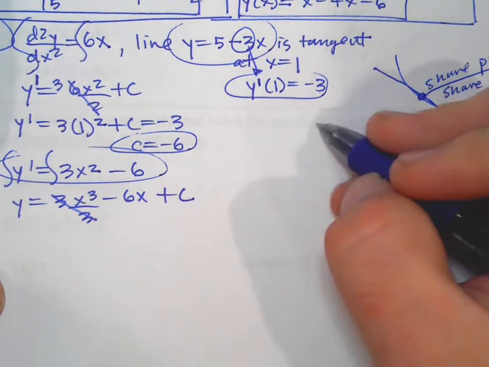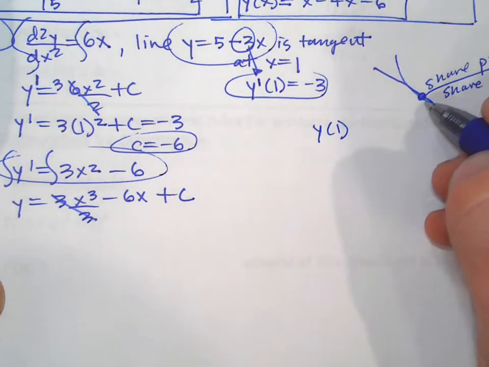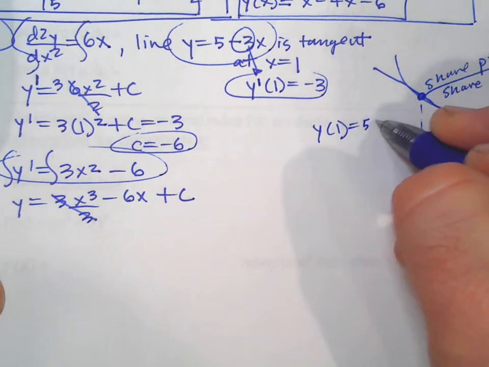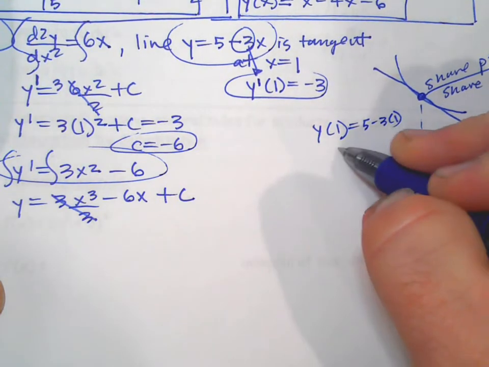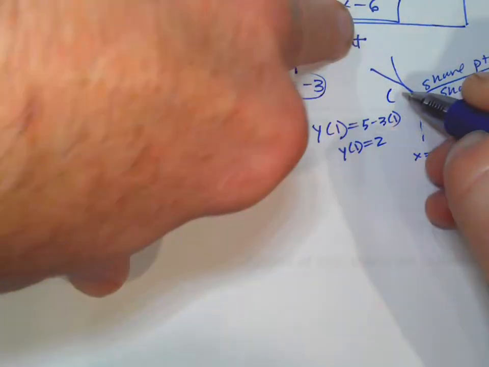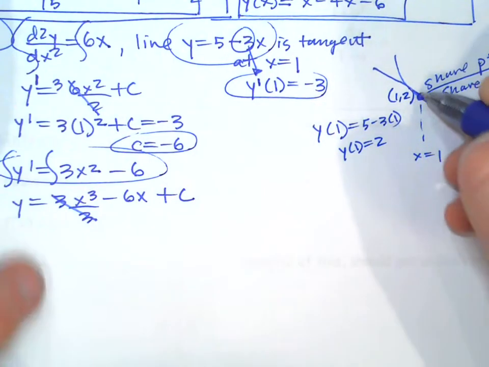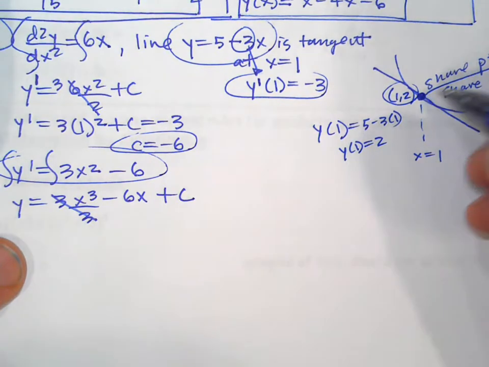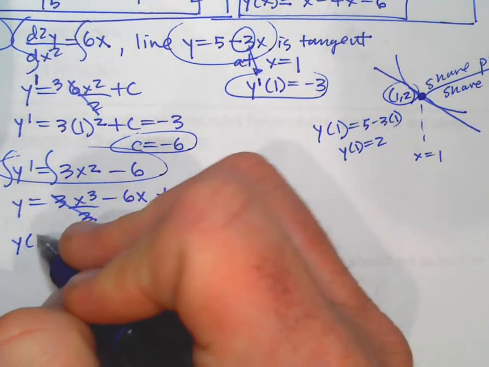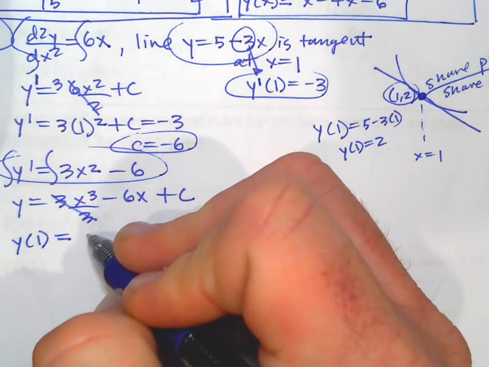If you plug 1 in, because they told us this was at x equals 1, you plug 1 in to the equation of the line, the point on the line is 2. So the coordinates of this point are 1, 2. Now, this point on the line is also a point on the curve. So that's another initial condition that we can now use in the original curve.